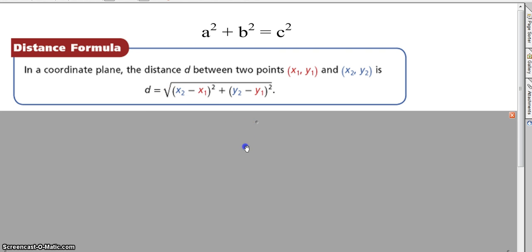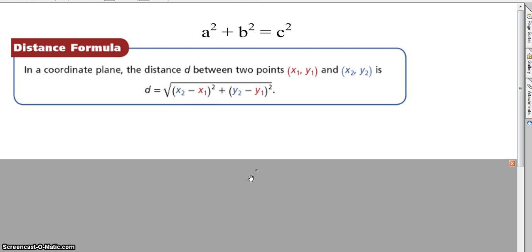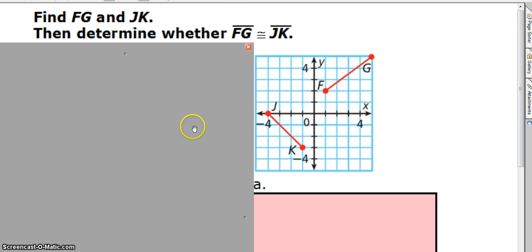Again, we're going to walk through this with the Pythagorean theorem in just a moment. So let's see if we can find the length FG and the length JK and then determine whether they are congruent. To do that, imagine that they are a triangle basically.